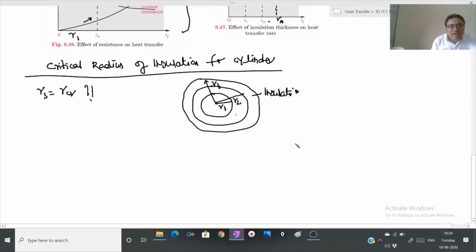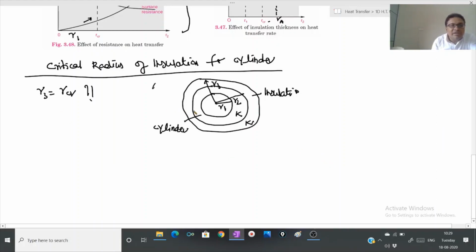Let's say the thermal conductivity of the cylinder is K and the thermal conductivity of the insulating material is K1.